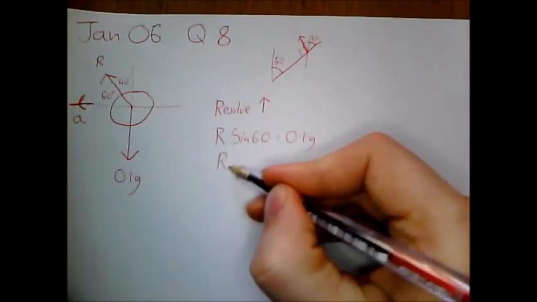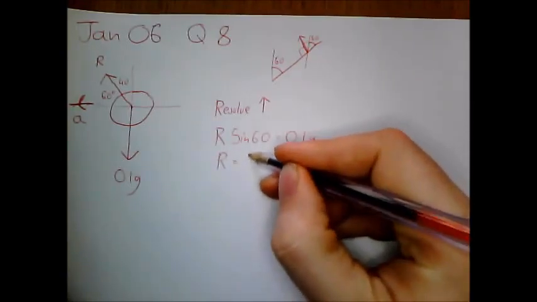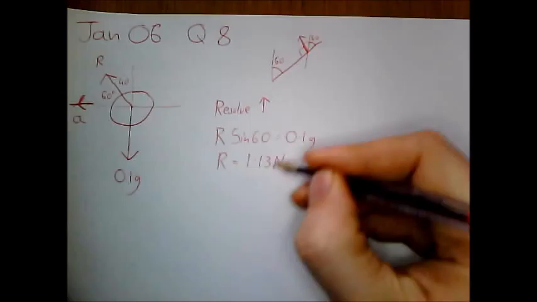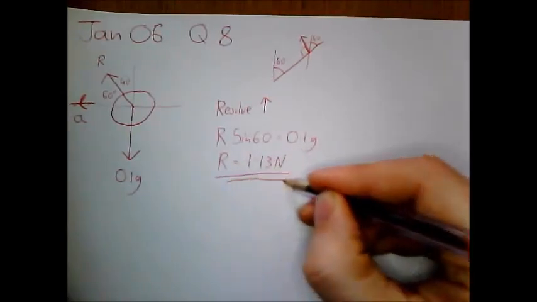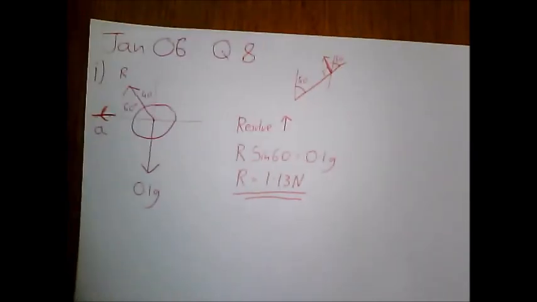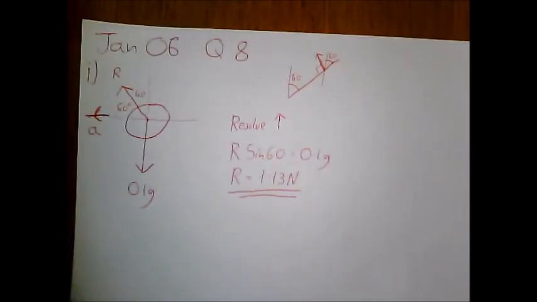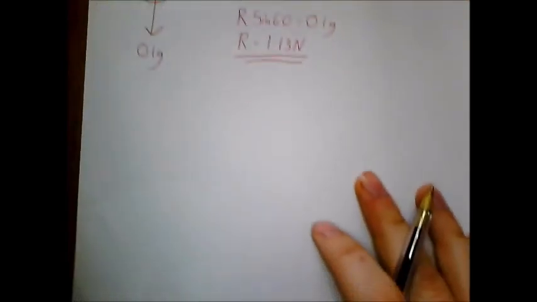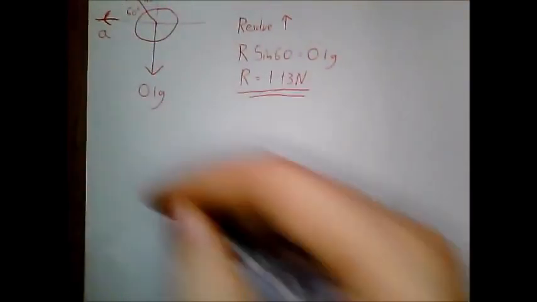So the reaction force here must be 1.13 newtons, and that's for part I. Nothing to do with angular velocity yet. It's just what you did in M1. It always starts like this, so don't be intimidated by it.